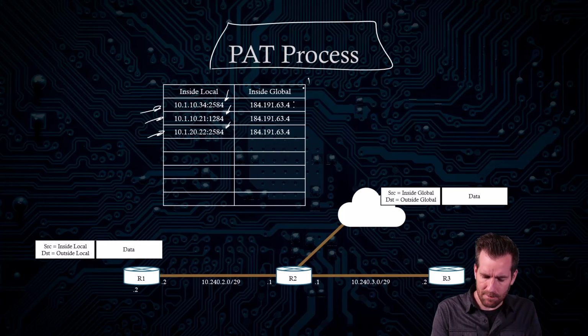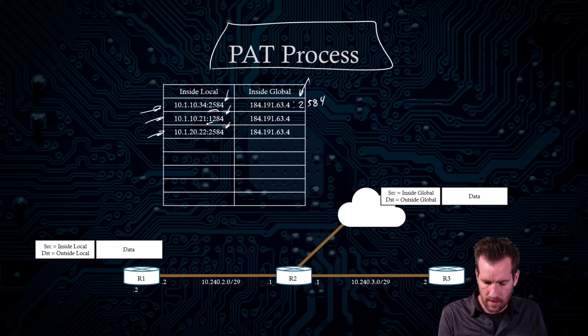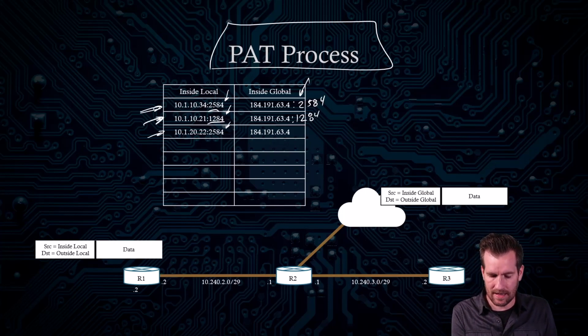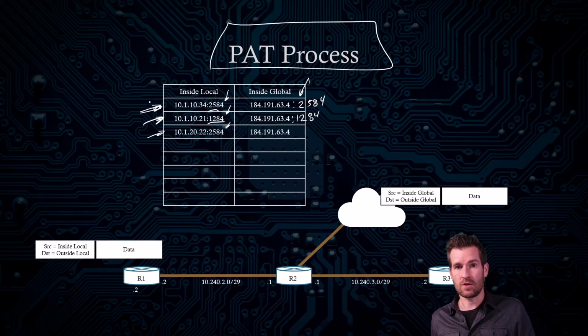What the PAT process will do is try to use that same port. So for this one right here, it's going to reuse 2584. And for this one right here, it's going to reuse this port 1284. So it tries to mimic whatever the request is coming in on.